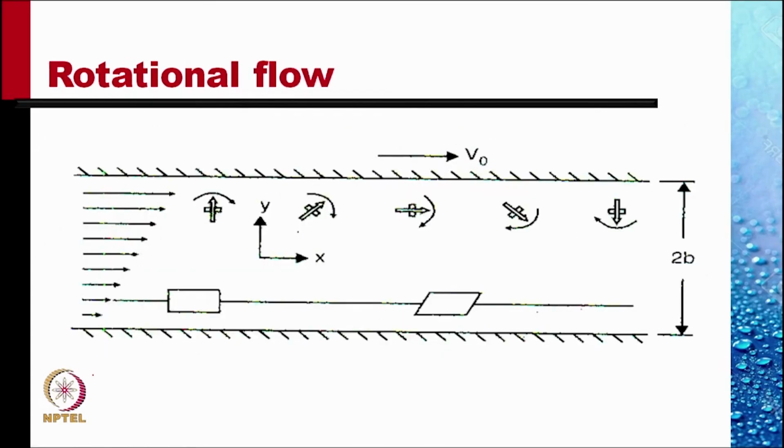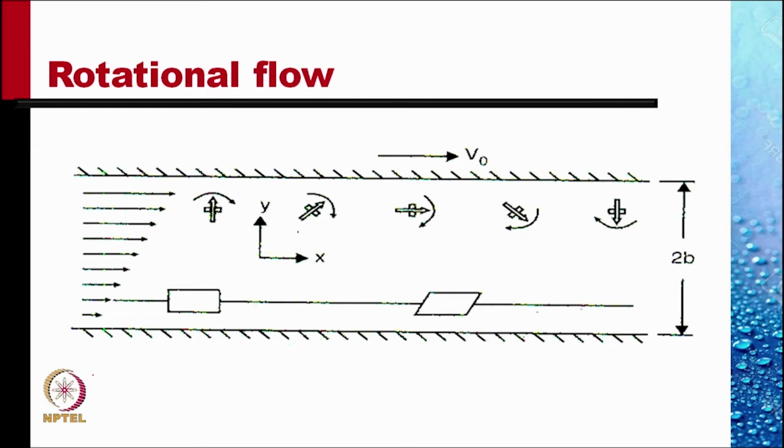In a channel, if the upper plate is moving with the velocity v naught and the lower plate is stationary, we have seen earlier that there is a velocity profile. The velocity is large near the upper plate and it tapers down to zero velocity at the bottom plate. A rectangular fluid element is now distorted.